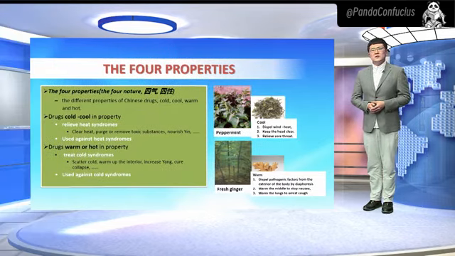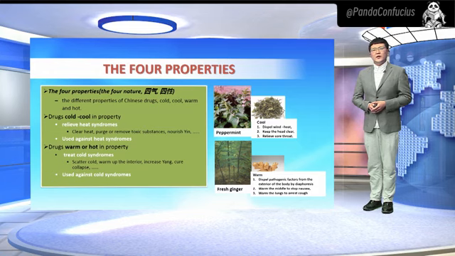The four properties refer to different properties of Chinese drugs, which are cold, cool, warm, and hot. Cold and cool are similar in property but different in degree. So are hot and warm. Generally speaking, drugs with cold and cool properties can relieve heat syndromes.